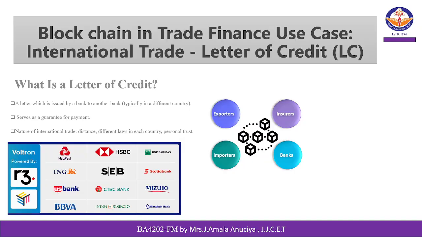A few banks use Voltron, for example NatWest, HSBC, BBVA, Scotia Bank, CTBC Bank, and many more. In total, 12 banks are working under Voltron to make LC more functional and accessible.